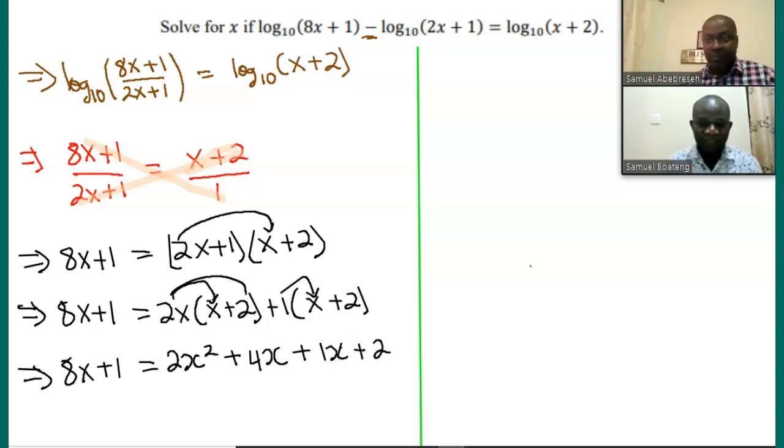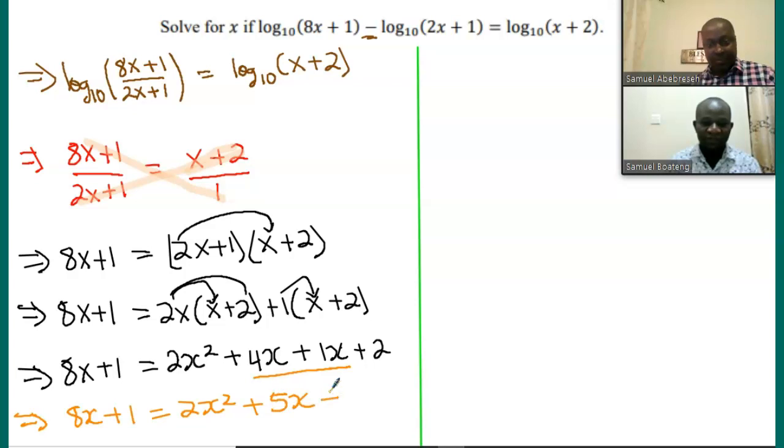So let's group the like terms. This implies that 8x plus 1 equal to 2x squared plus 5x plus 2.